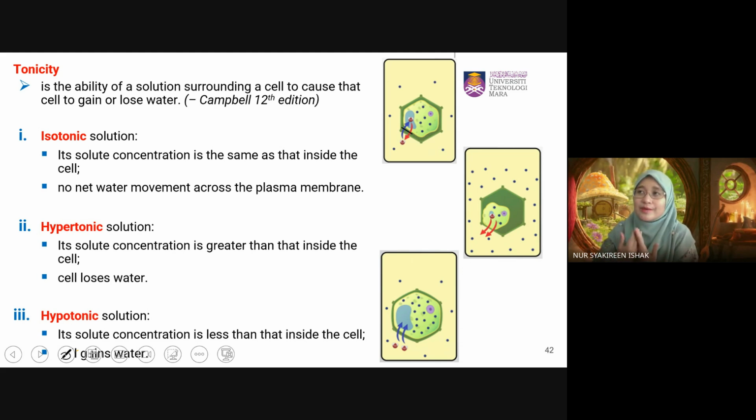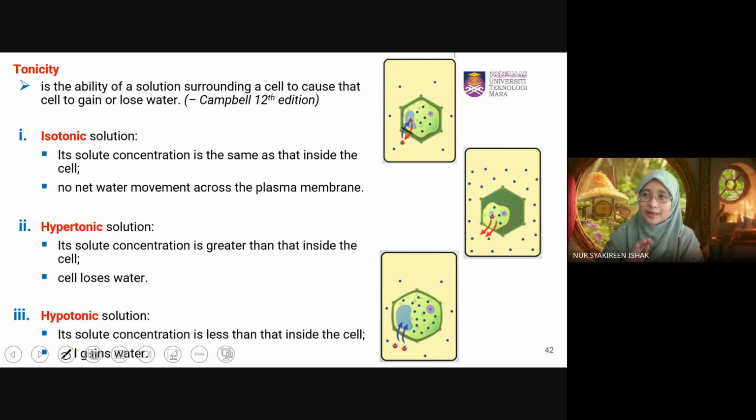If it's a plant cell, it requires a lot of water. This water is required by the plant cell for the process of photosynthesis, for example, and also to cause the plant to be turgid. This water will be stored in the central vacuole and causes the plant to be turgid.